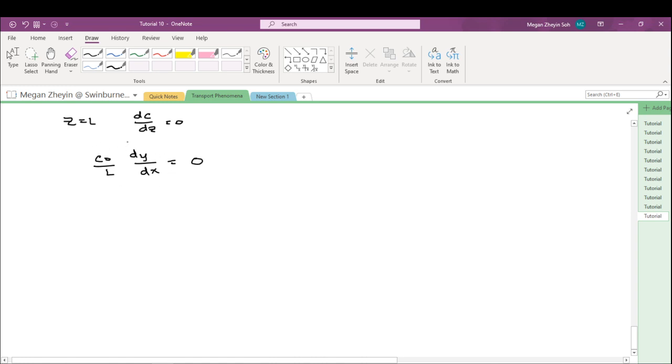So when x is equal to 1, dy/dx becomes 0. Okay, so model 1 is dy/dx plus ny equals 0. So when we compare these two models, model 1 and model 2, it can be seen that model 2 reduces to model 1 when PE is greater than 1.